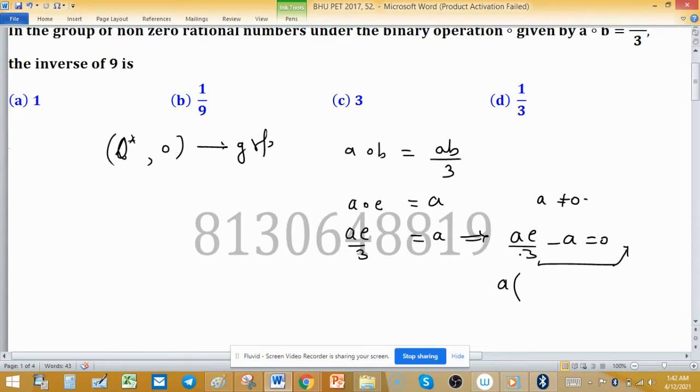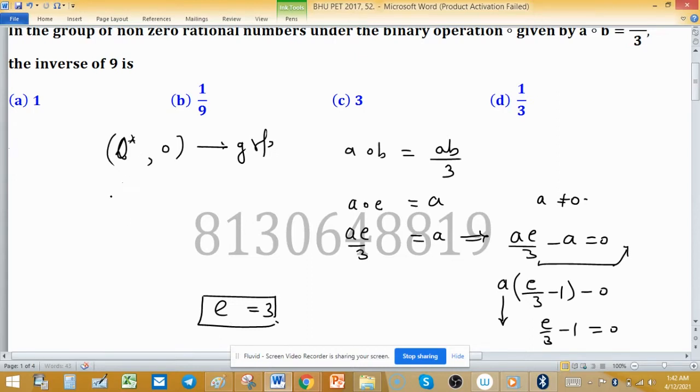So a(e/3 - 1) = 0, and a is non-zero, so e/3 - 1 = 0. This implies e = 3, meaning the identity element is 3.